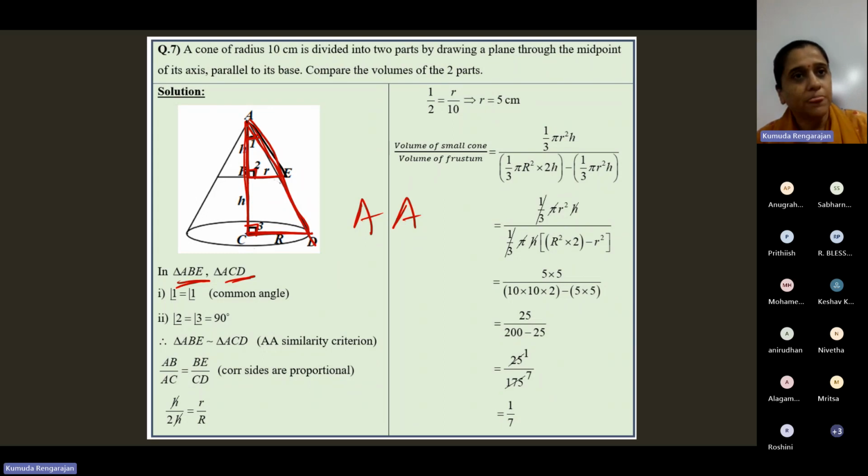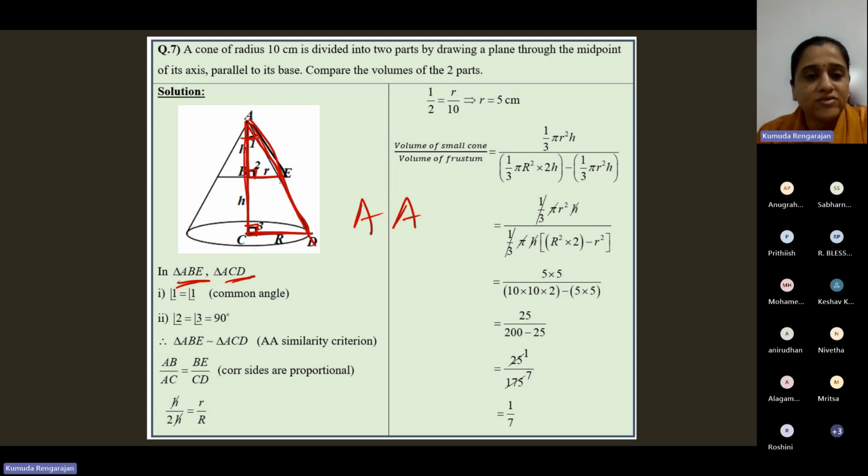If you can show two pairs of equal angles in the two triangles, then the two triangles are similar by the AA similarity criterion.